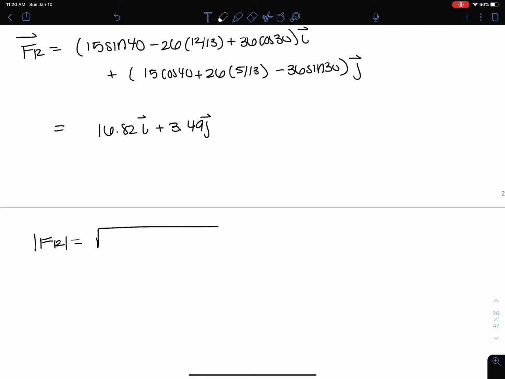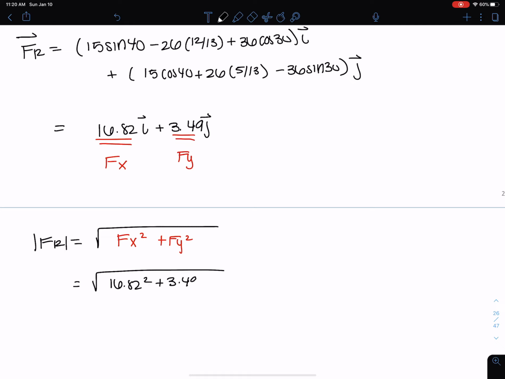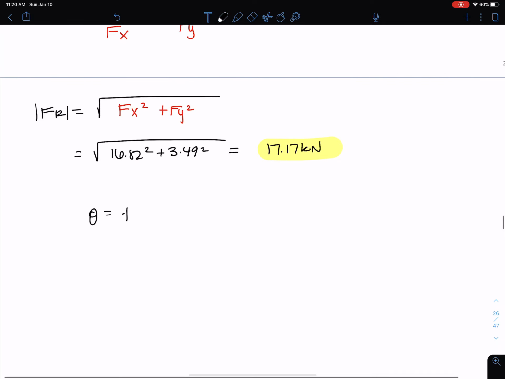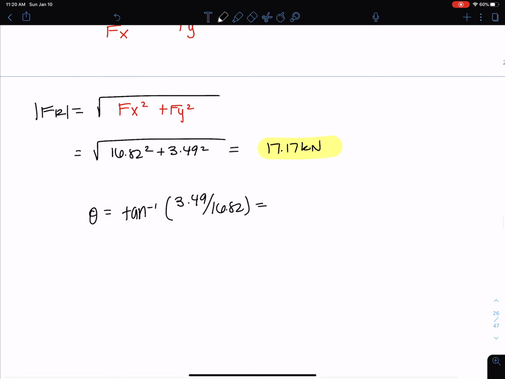by taking the square root of, remember, this here is my fx, this here is my fy. So of fx squared plus fy squared, and that is just 16.82 squared plus 3.49 squared, and I end up getting 17.17 kilonewtons. And to get my direction theta, it's just inverse tan of 3.49 divided by 16.82.